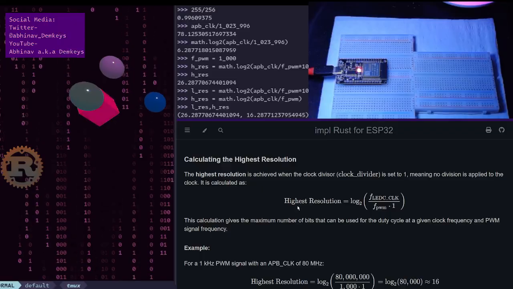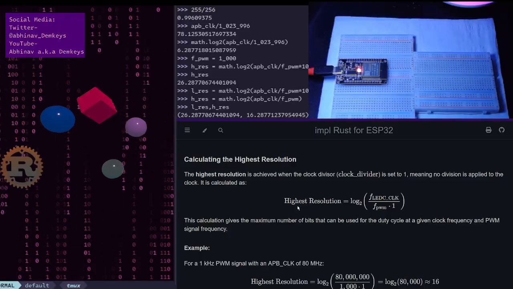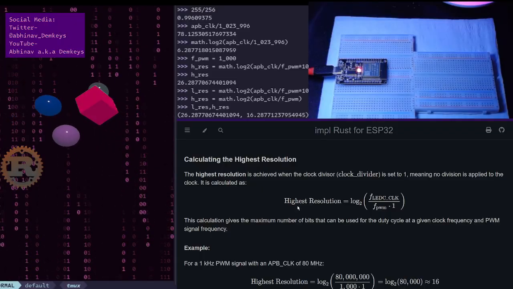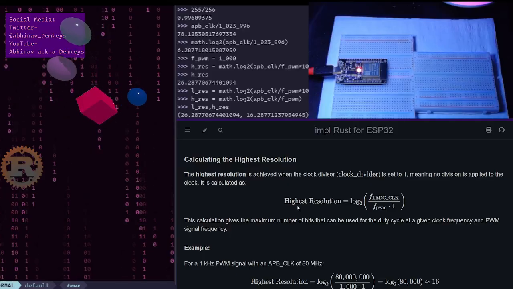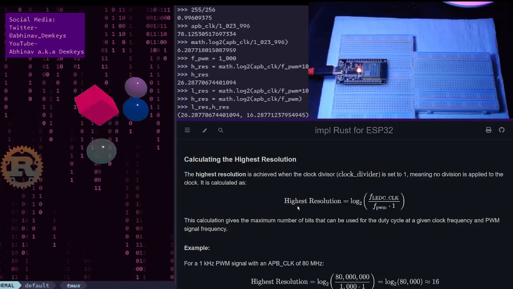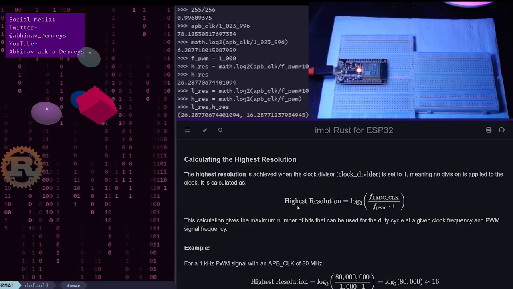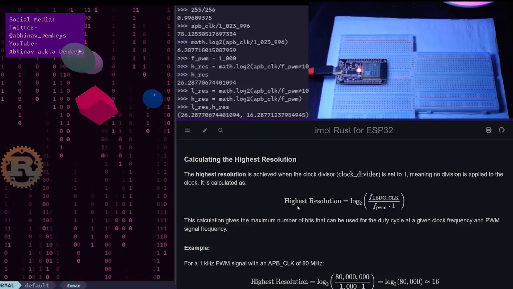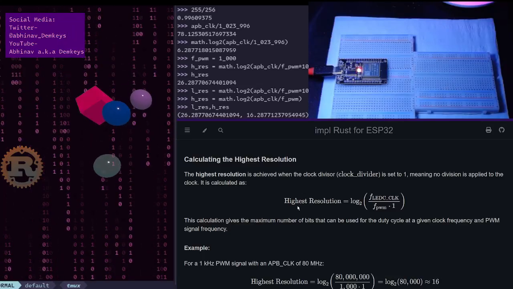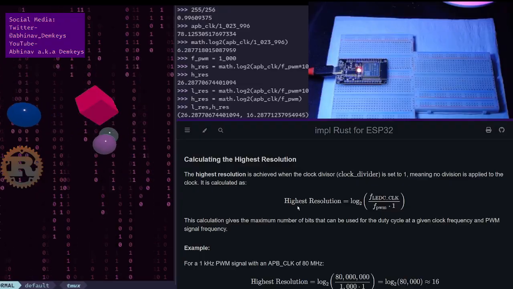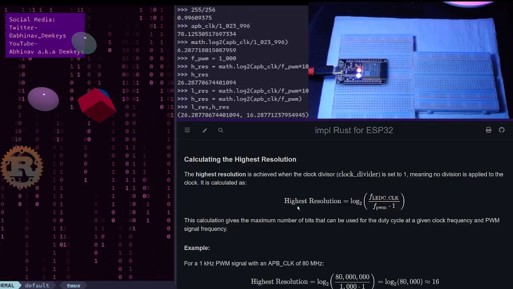The reason the numbers seem backward is because of a subtle but important distinction in what these formulas are actually calculating. In the context of the ESP32 LEDC peripheral, these aren't limits for the hardware in general. They are the limits of the clock divider for a specific frequency you have chosen.